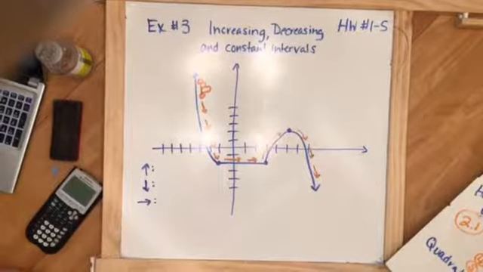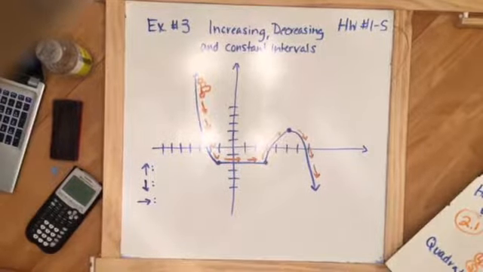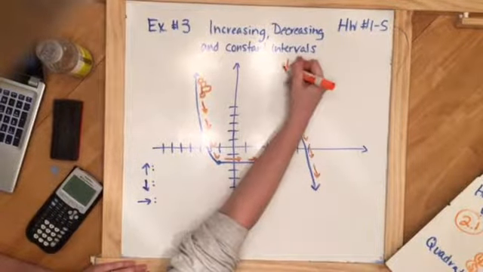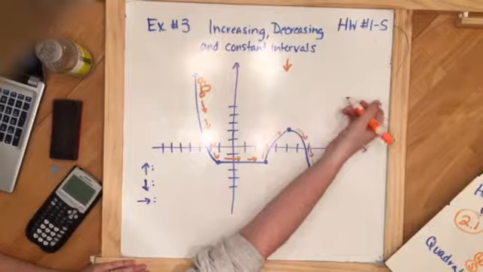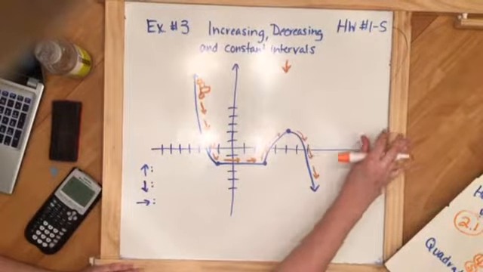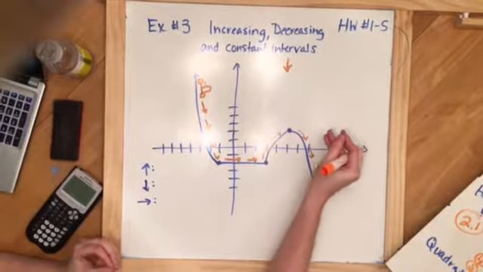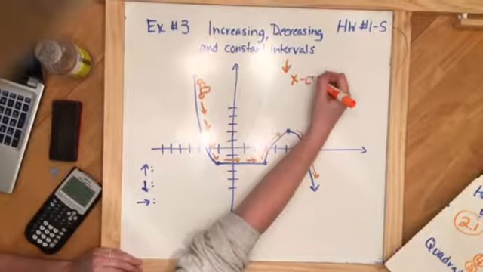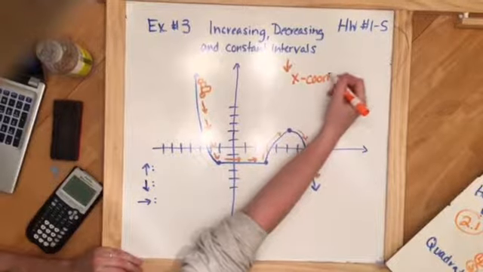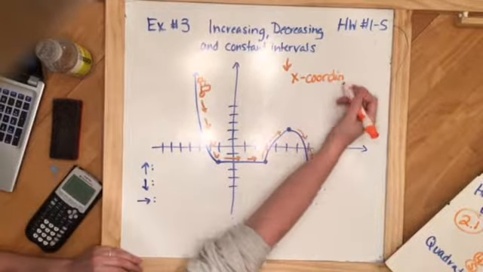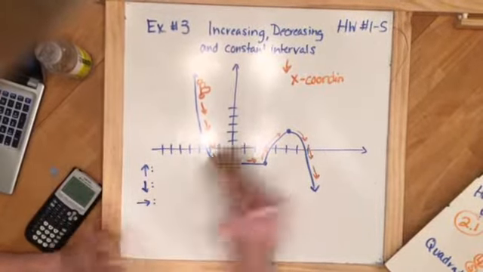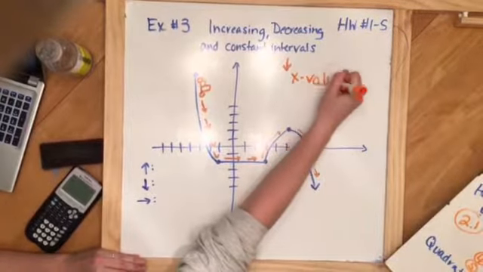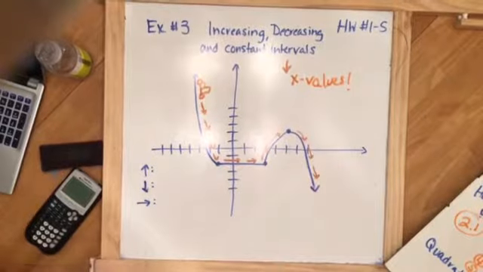Now the challenging part can be to label it correctly. And what you want to do when you label these is, since we read it from left to right, we're looking at it via the x-axis. So you have to use the x coordinates. Maybe a shorter way to say that would be x values. You want to use the x values for labeling.